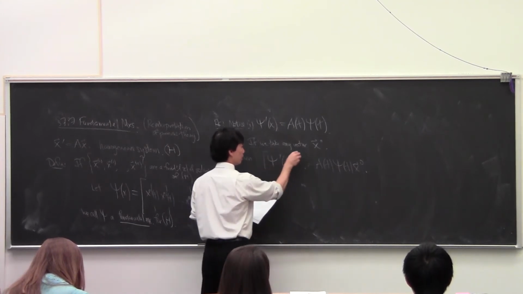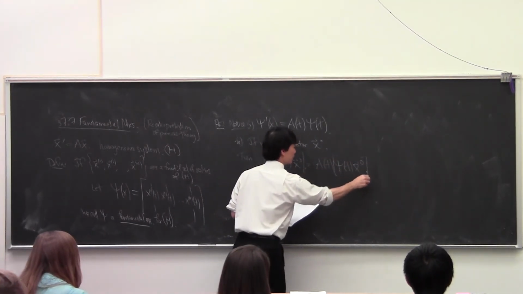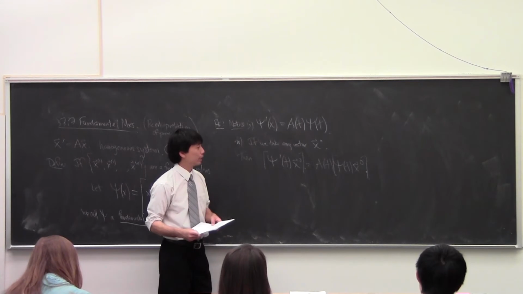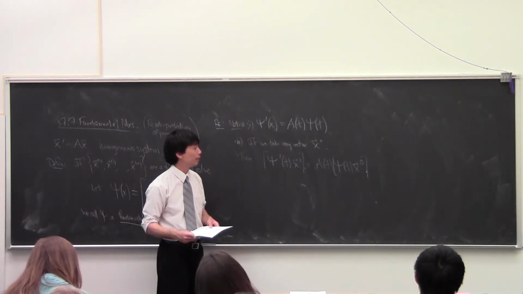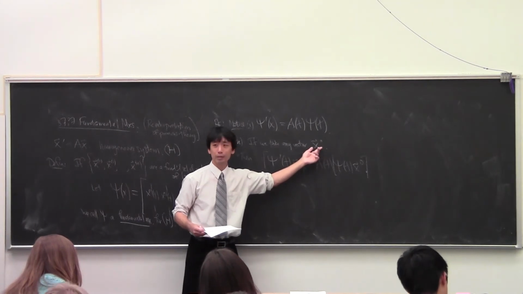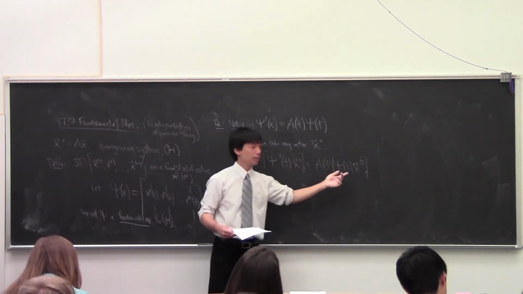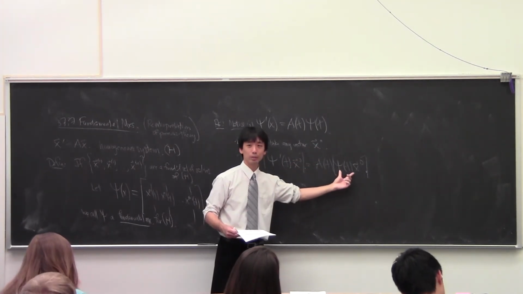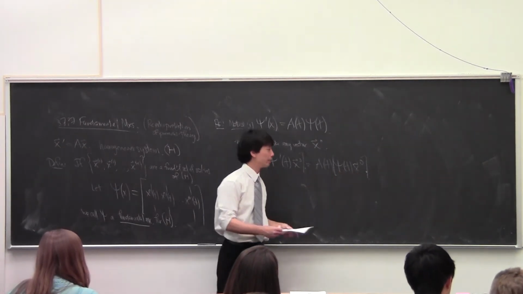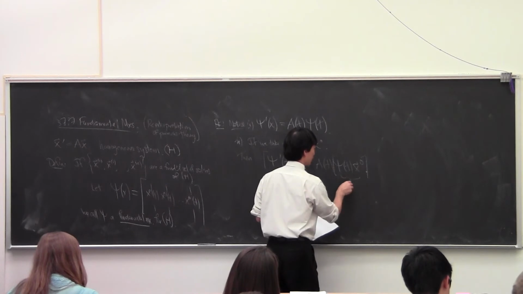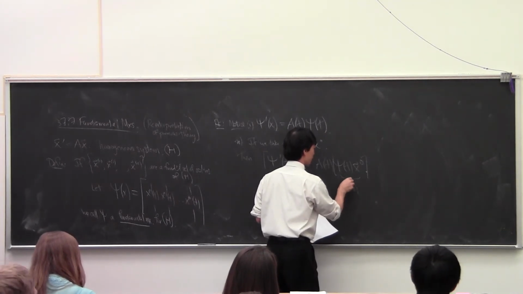Let me put brackets on it to make it more suggestive. What do you see if I take any vector and I hit it with this matrix? I get a vector-valued function. Let's call this x(t).